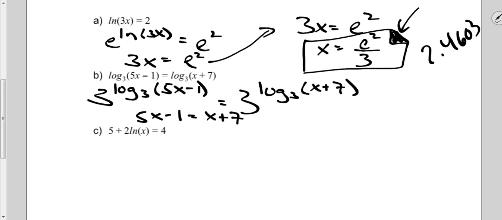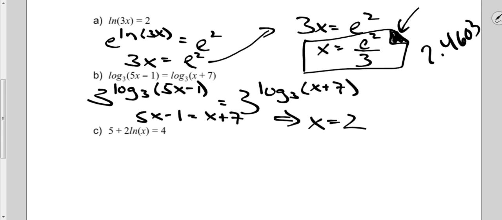Subtract x on both sides, add 1, and x equals 2.